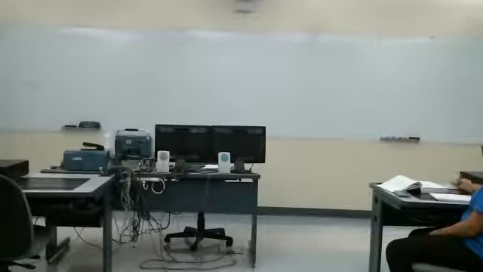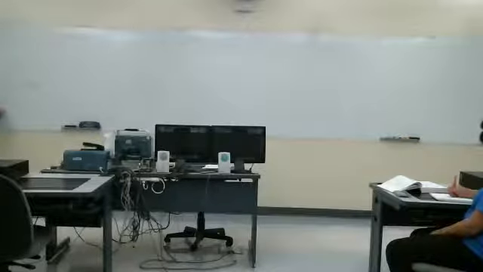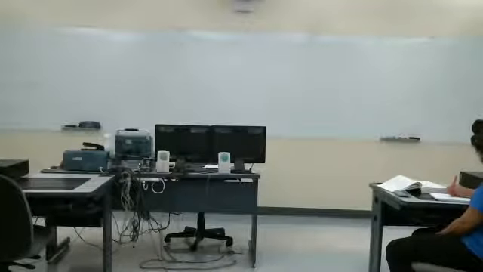1 minus e to the minus t over tau, times u of t, where the time constant of this circuit is the product of R and C. Okay, so what this looks like: it is 0 until we turn the voltage source on, and then it rises from 0 and approaches 1.